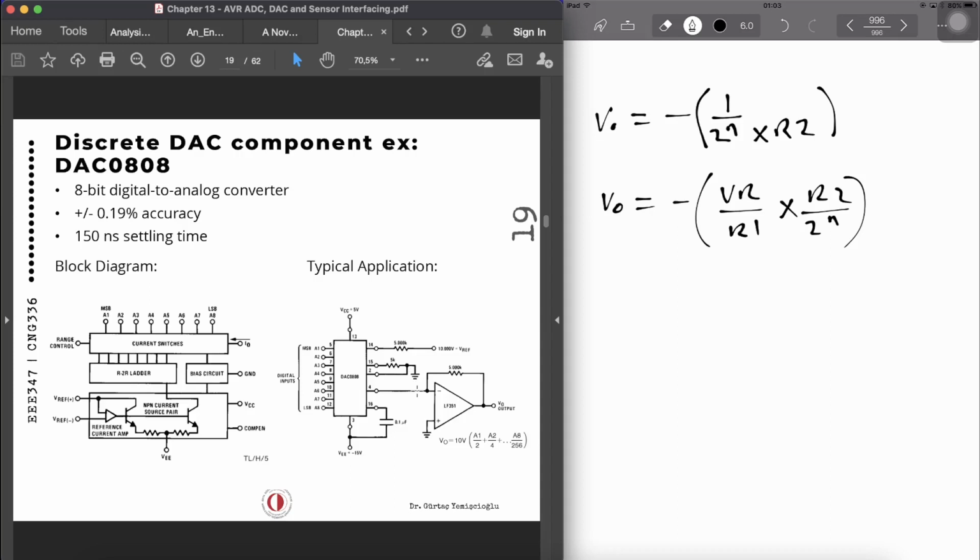You may take the output as a current and convert it to voltage. This is what is being done over here. Because the output is current, it is converted to voltage by using Ohm's law, and you can do any type of processing for the outputs.